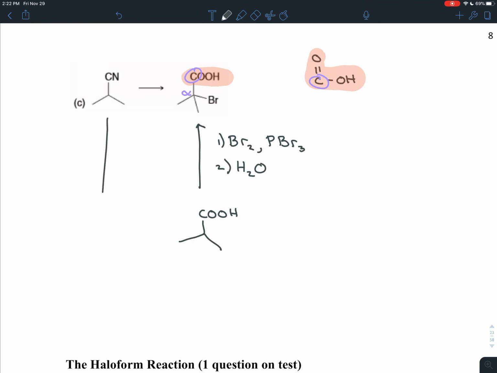Okay, well, how do we turn this original molecule into that? We can see how it really does resemble it. We have a nitrile here. That carbon is triple bonded to the nitrogen. Well, that's a carboxylic acid derivative. All we have to do is a hydrolysis, and it turns it into the carboxylic acid.